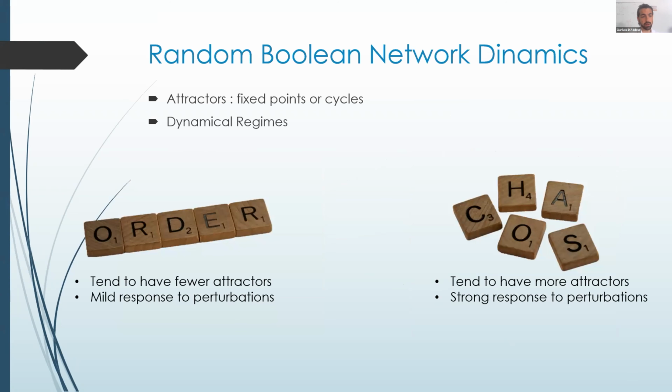Then we have the dynamic regimes of the network. We usually distinguish two main regimes, which are order and chaos. One of the differences is that ordered networks typically tend to have fewer attractors than chaotic ones, but the main point is that ordered networks tend to have a mild response to perturbation, instead of chaotic ones that have a strong one.